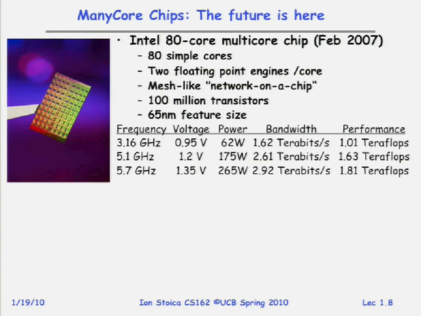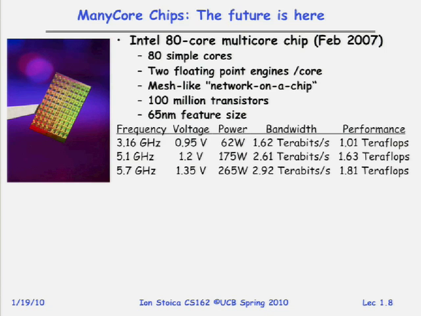Okay? So what people do with these chips, which have so many transistors, as you know, is build multiple cores, multiple CPUs on the same chip. This is an example back in 2007. It's an Intel chip with 80 cores.